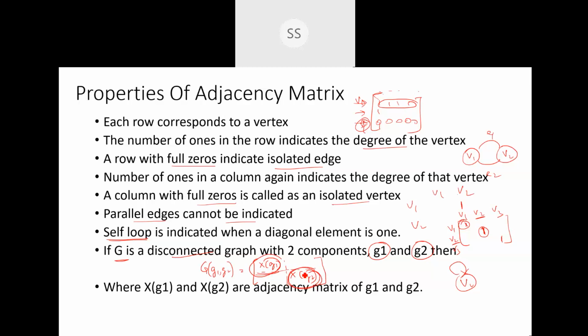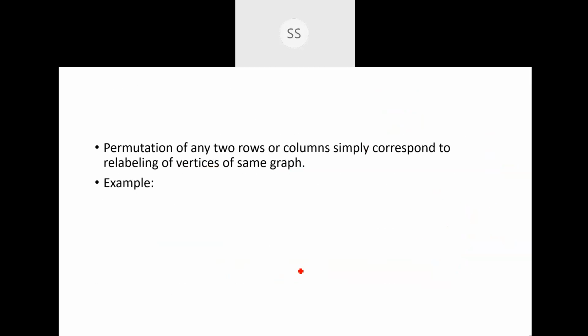I'm not repeating all of this because we had studied the concept in the incidence matrix, so there is no point in repeating it. This point also we had studied in the incidence matrix: permutation of any two rows or columns simply corresponds to relabeling of vertices of the same graph.